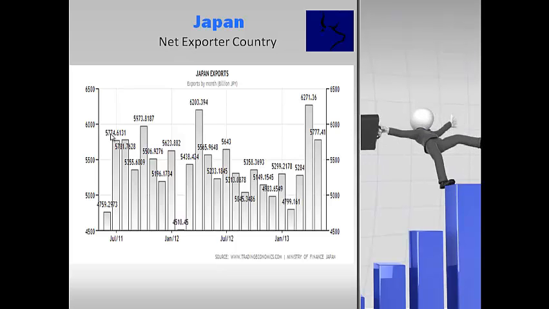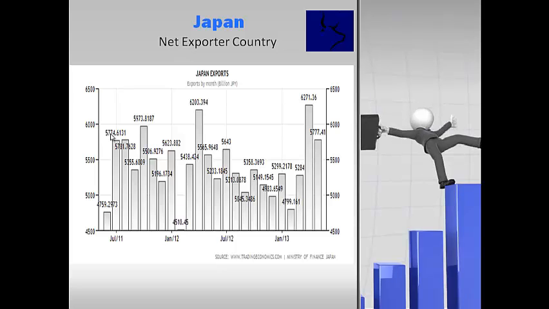So they really want their currency to be devalued, so that when they export, the prices are not as high as others. They export Hondas, for example, and Toyotas. The lower the value of the currency, the better it is in the export markets, in this case the United States, for example.